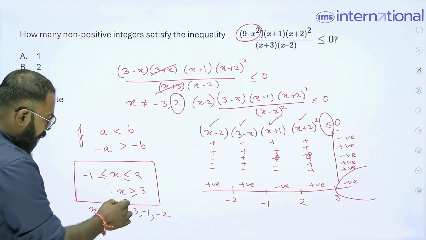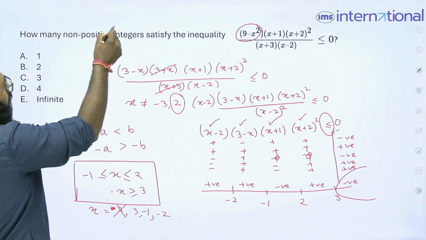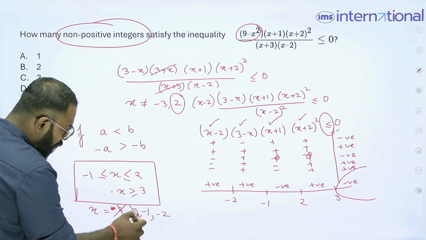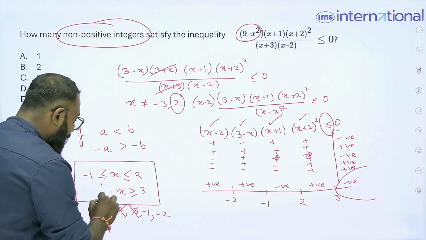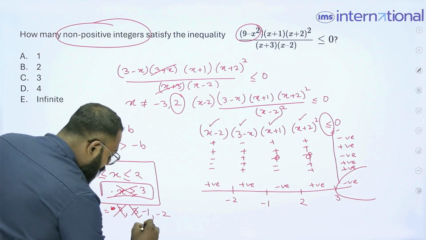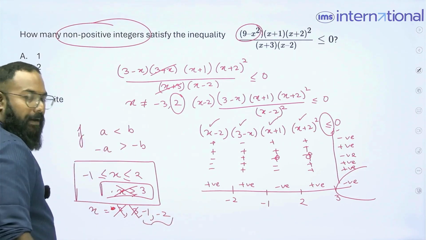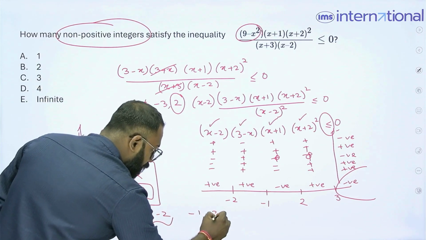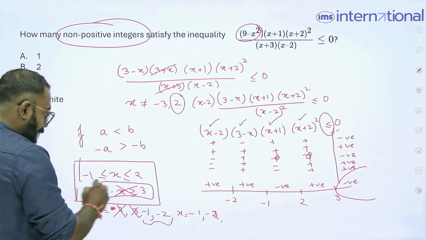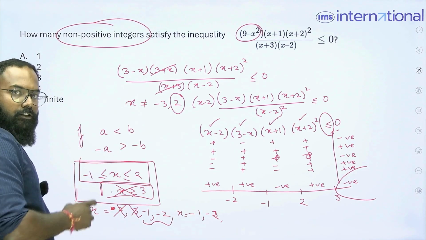I have nothing to do with the positive integers. That means I'm not going to consider 3 and any number that is greater than 3. Right? So I'm just left with values like minus 1 and minus 2. And in this range, 0 is also there.